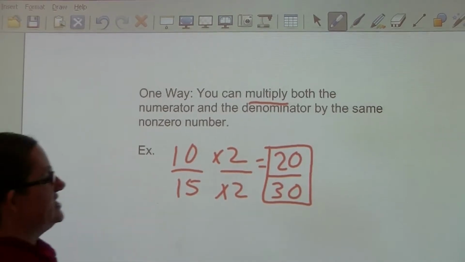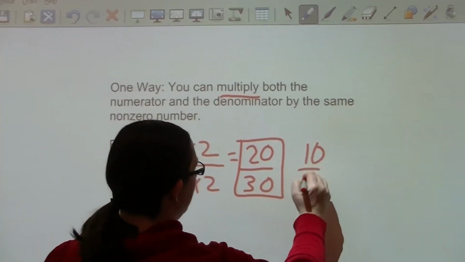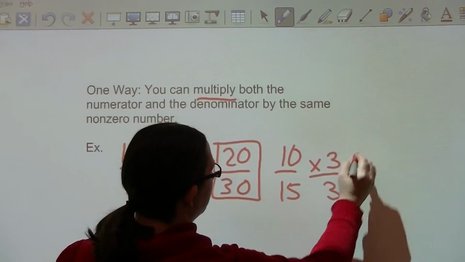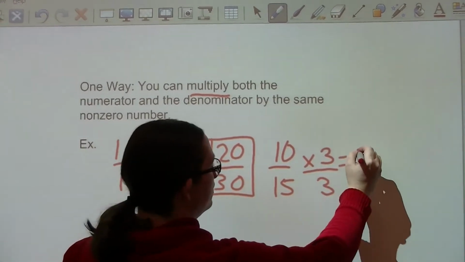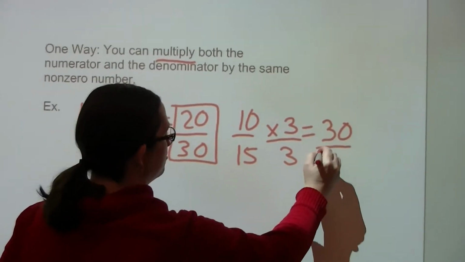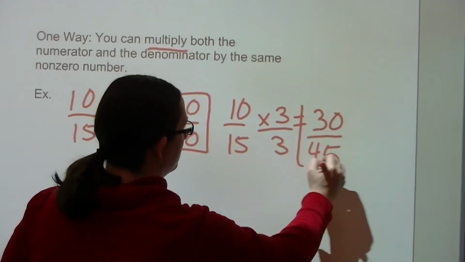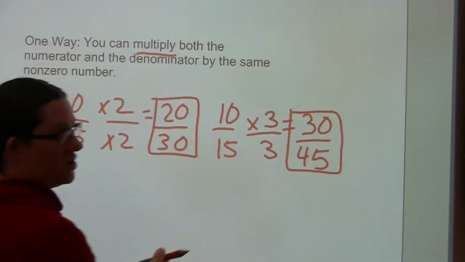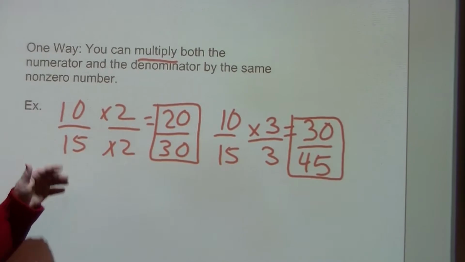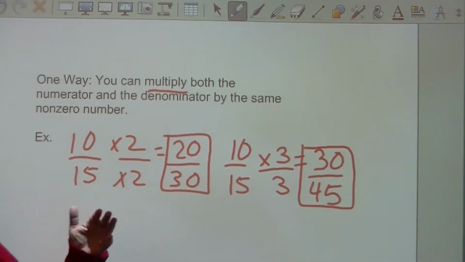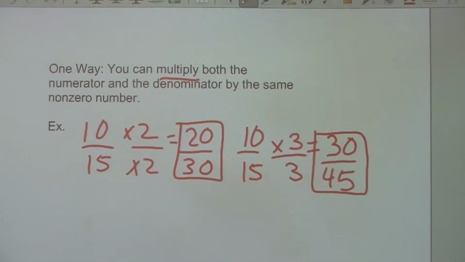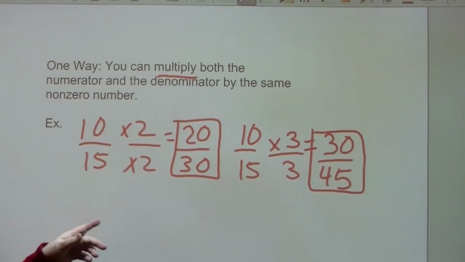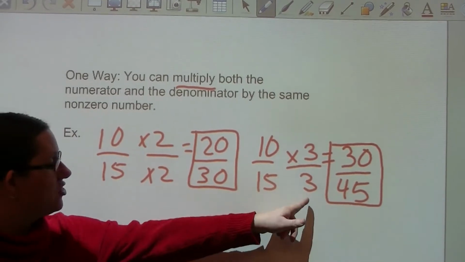We could also take 10/15 and multiply the top and bottom by 3. If we multiply the top and bottom by 3, 10 times 3 gives us what? 30, and 15 times 3 gives us 45. So 10/15 is also equal to 30/45. Okay, so whenever you have a fraction and you need to get an equivalent fraction, that's what they're going to be asking us later, is to give us 2 equivalent fractions for one given. You can multiply by 2 and by 3.